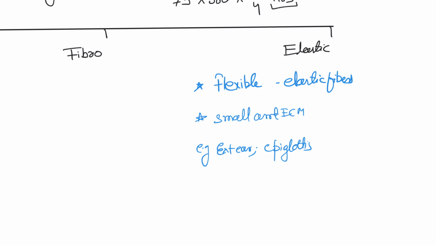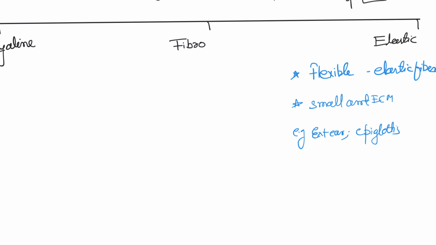Now let's come down to the next category, and that is the fibrocartilages. Now fibrocartilages are better known as the weight bearing cartilages. That means they bear weight, they survive compression because of your body weight.